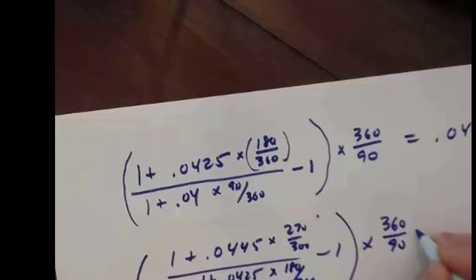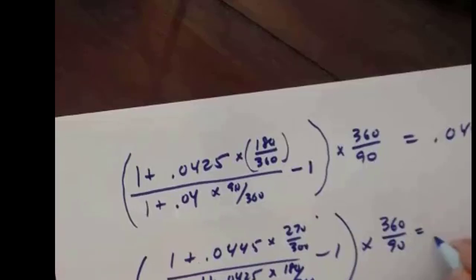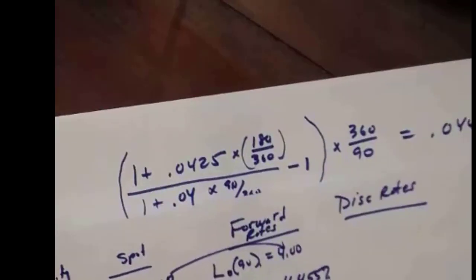And when we do that, we get 0.04749. That is our forward rate here, 4.749%.